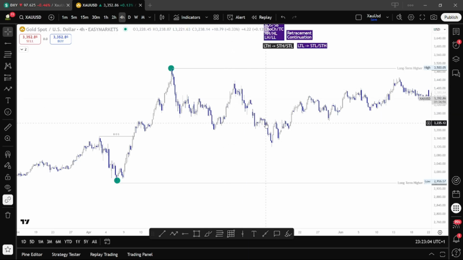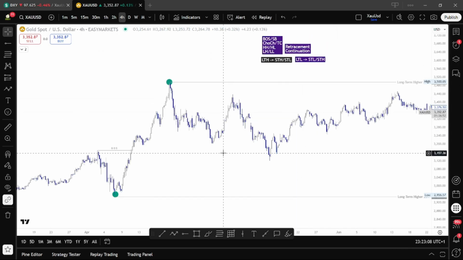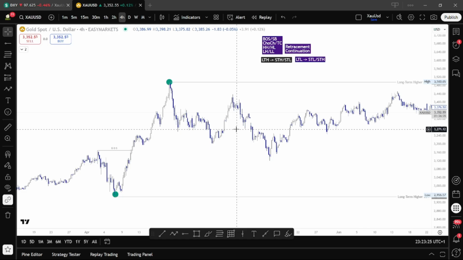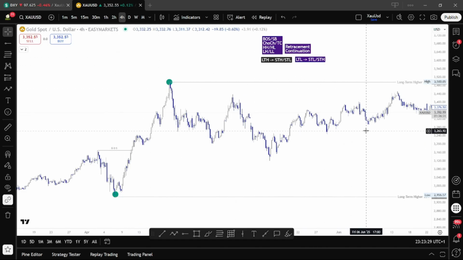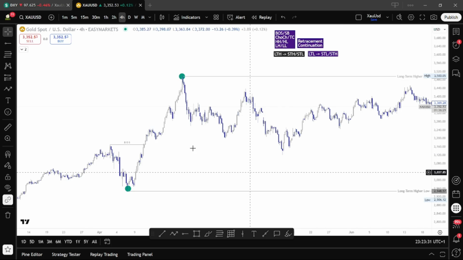So right inside the long-term swing points is where we have the short-term swing points. Why is that? The short-term swing points are what form the long-term swing points. And to form a long-term swing point, a short-term swing level must be protected.